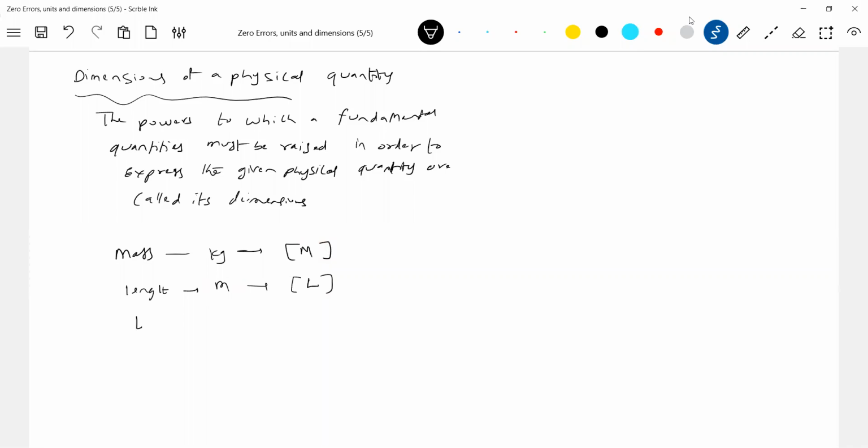Next we have time. The unit is seconds, and here it is T. These are the units, and these are the dimensions.